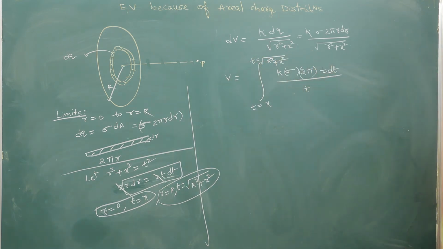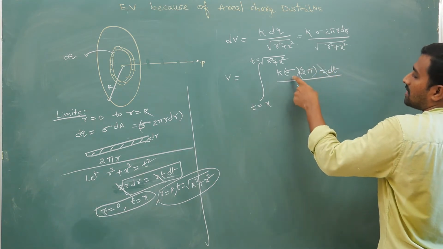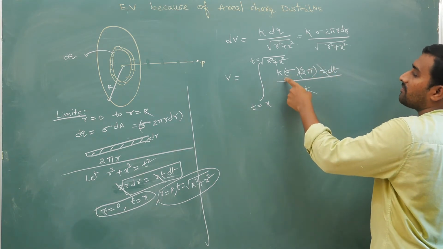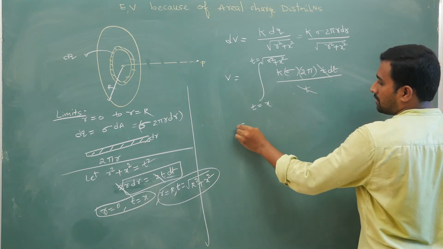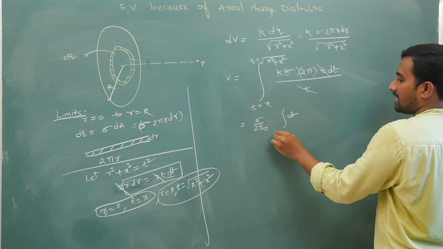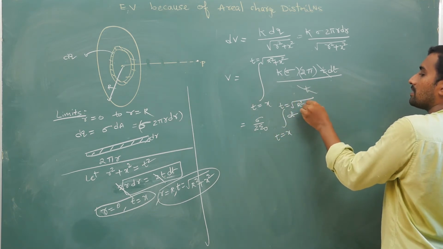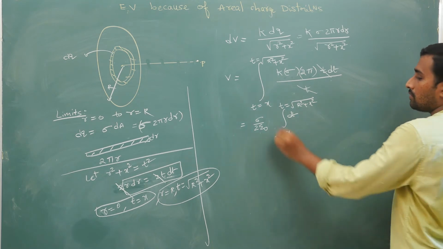Now your t will cancel off. In place of k, if we substitute 1 by 4 pi epsilon naught, you are going to get sigma by 2 epsilon naught times integral dt from t equal to x to t equal to under root r square plus x square.